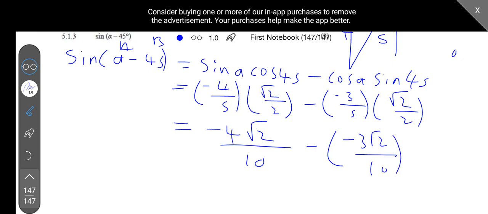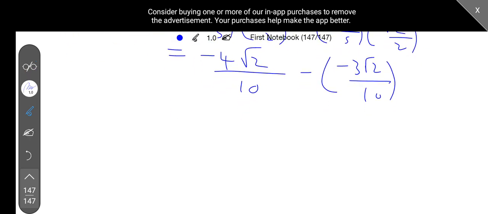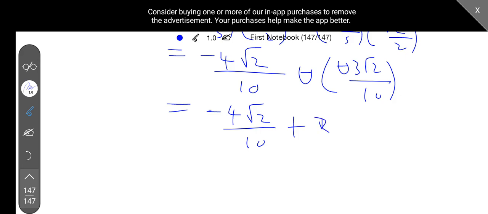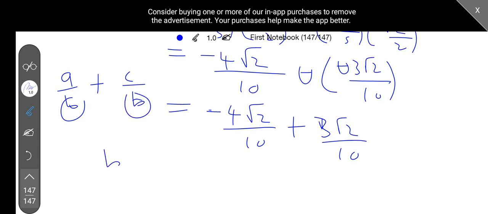And now let's see. They said don't use a calculator, so don't cheat the examiner. So negative 4 root 2 over 10 plus, negative times negative is plus, 3 root 2 over 10. Remember, a over b plus c over b. As long as the denominators are the same, we can keep the denominator and add the numerators.